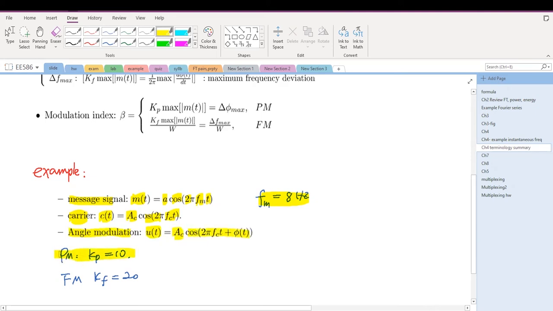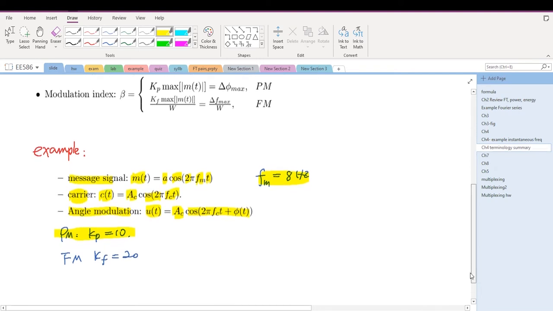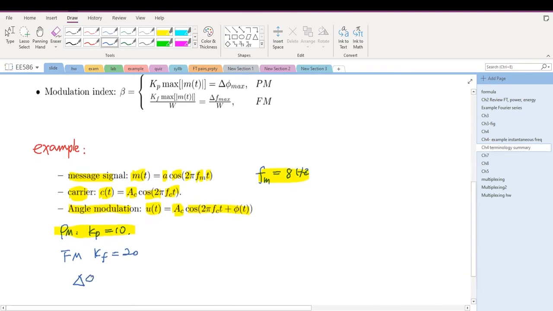First, let's look at the PM. For the PM, Kp equals 10 is given. Let's see what the maximum phase deviation is. Delta phi max equals Kp times the max of the absolute value of m(t).